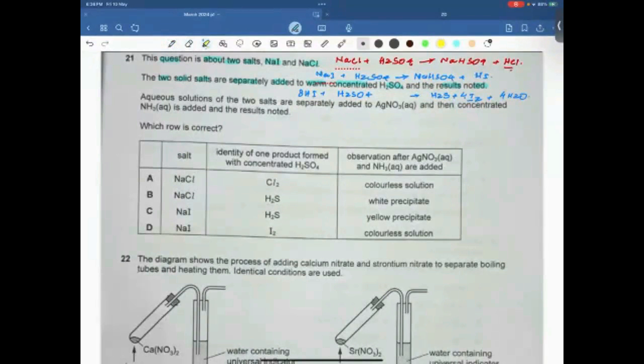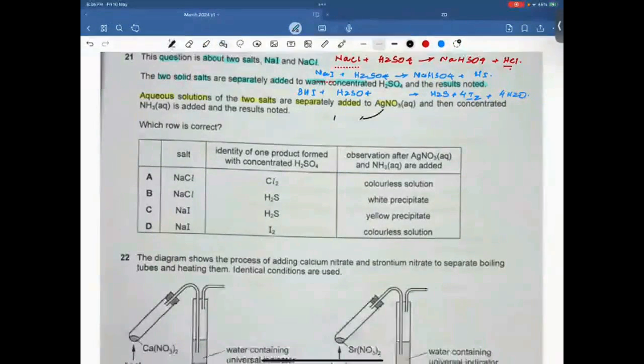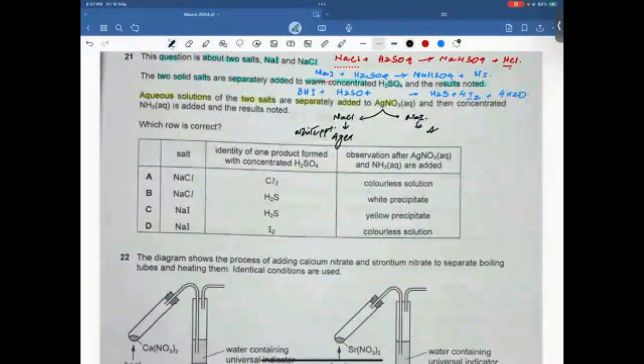Now, in the next part of the question, aqueous solutions of the two salts are separately added to silver nitrate. So when we add silver nitrate, chloride gives AgCl, and iodide, obviously, with AgNO3, it will turn to AgI, which is a yellow precipitate.